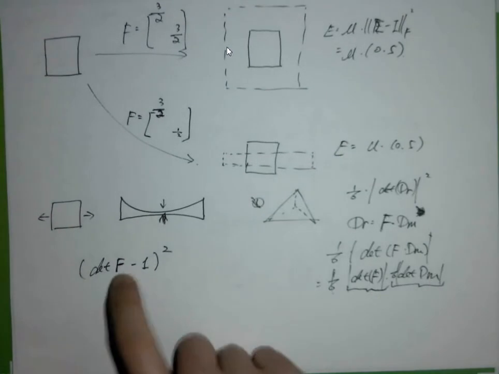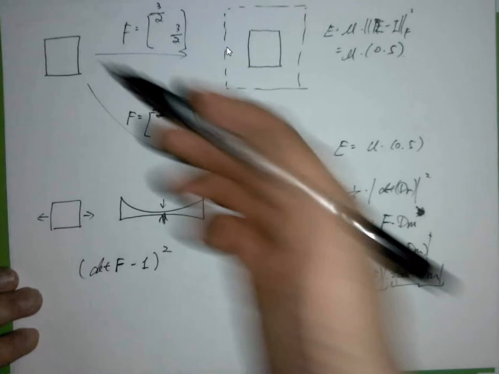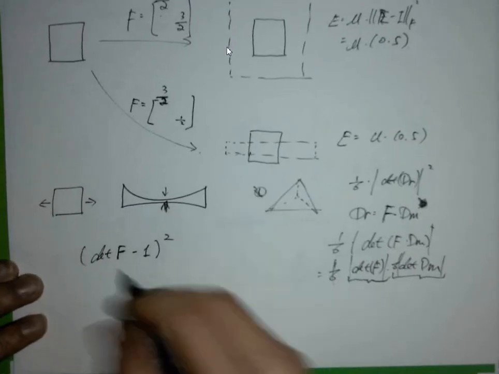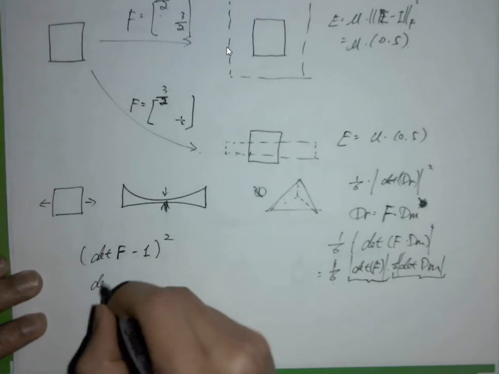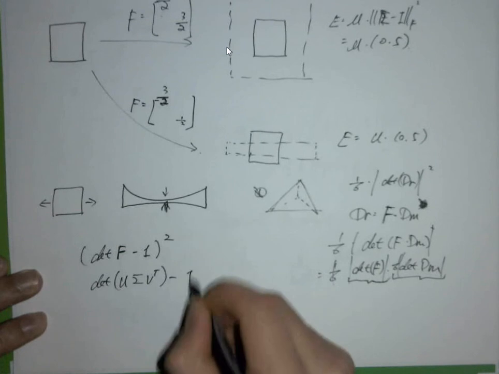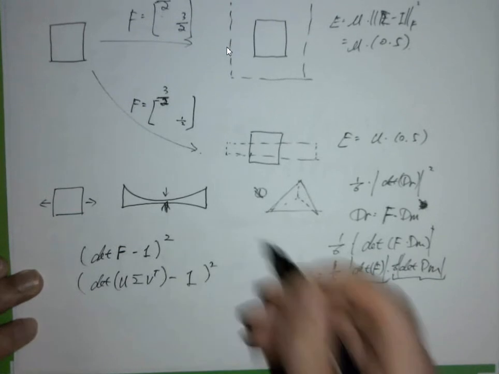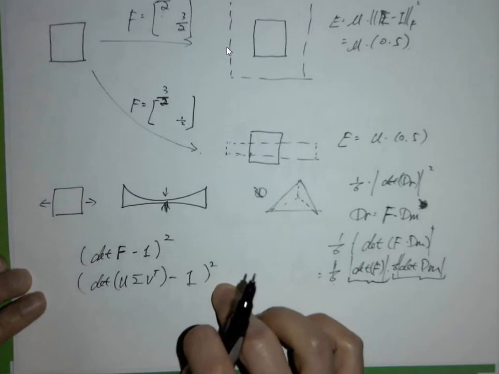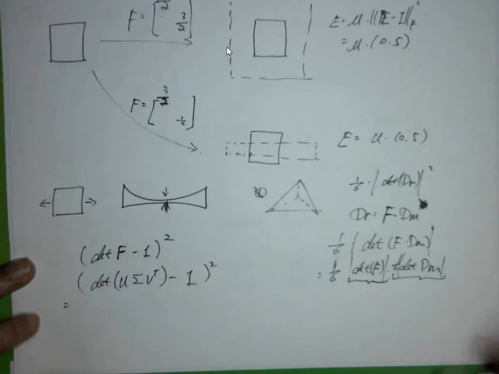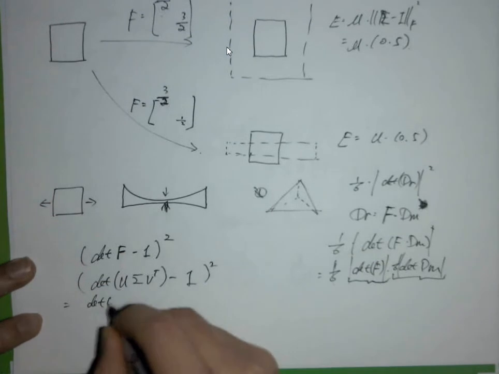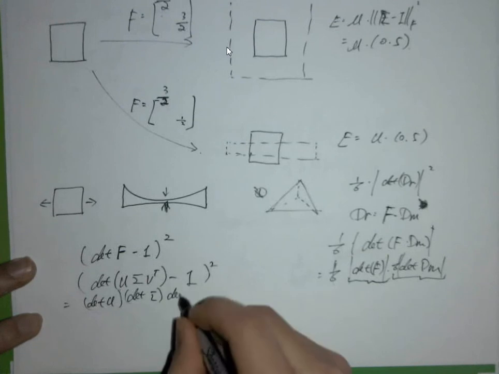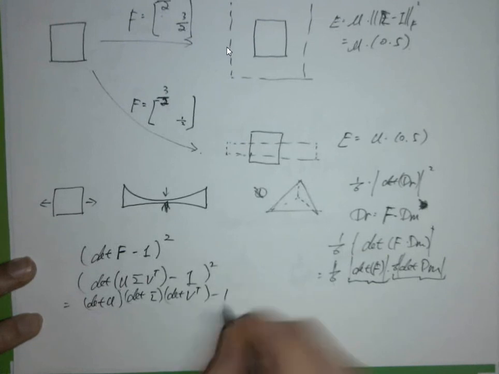Okay, so if we pull out our favorite corotated linear elasticity model, it becomes the determinant of U sigma V transpose minus 1 squared. And we want this one to be as close to 0 as possible. And because it's a determinant, we can separate it out. It's the determinant of U multiplied by the determinant of sigma multiplied by the determinant of V transpose, minus 1 squared.